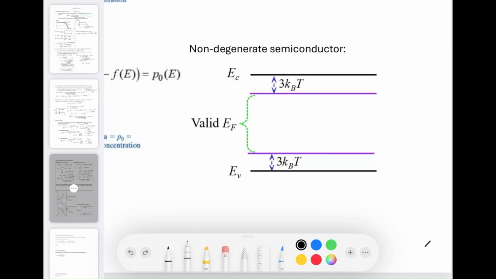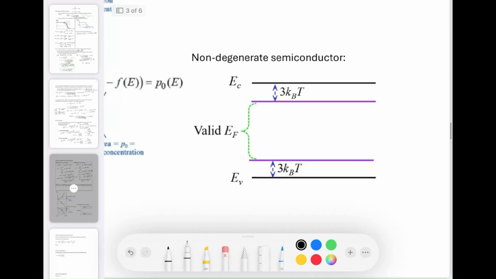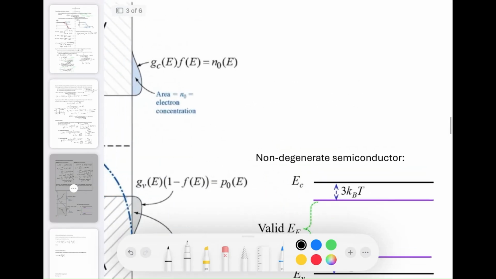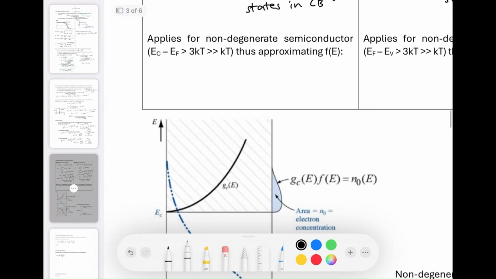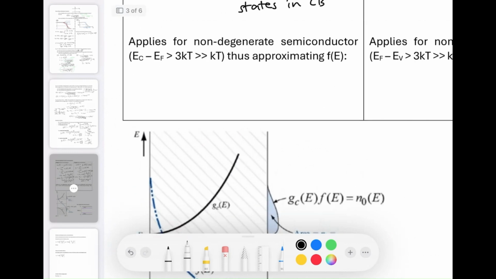The k is just the Boltzmann constant, but I'm using k. And also EF minus EV must also be larger than or equal to 3 kT. So this is how it looks. And because of this, we are approximating Fe, which is equal to 1 over 1 plus exponential of (E minus EF) over kT.